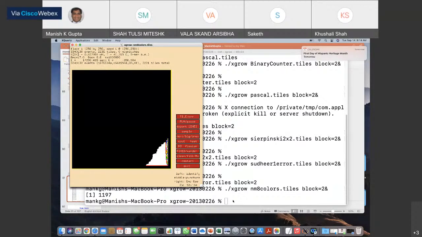Again, there is no error. The error rate drops further. You can see that it is nicely created, right?